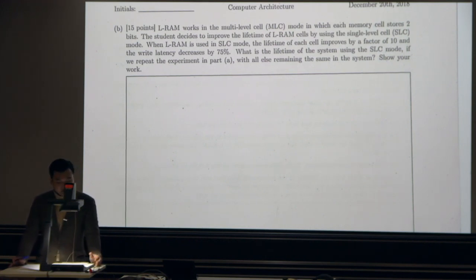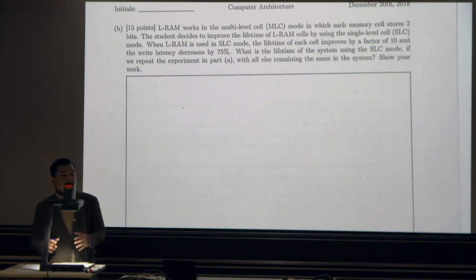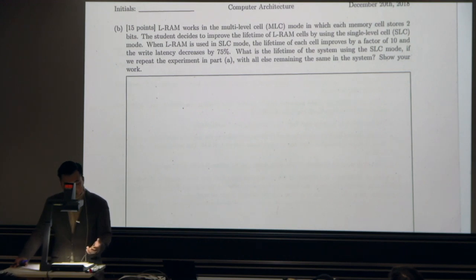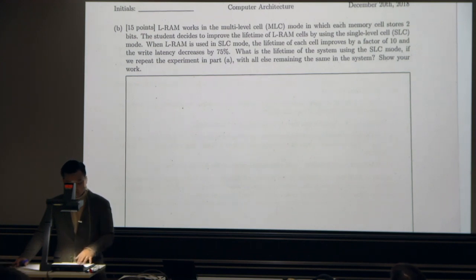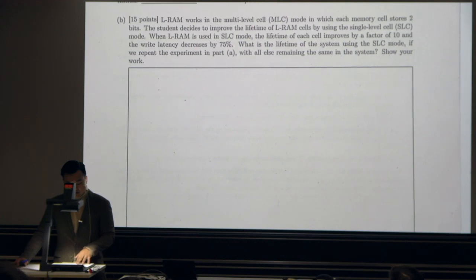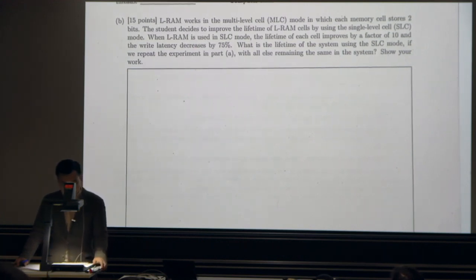As we have learned in the lecture, by making some distinguished states for a cell, a cell can represent multiple bit values. For example, if we store 2 bit values in a cell, we need to make 4 different states. And students decide to improve the lifetime of LM cells by using the single level cell SLC mode.